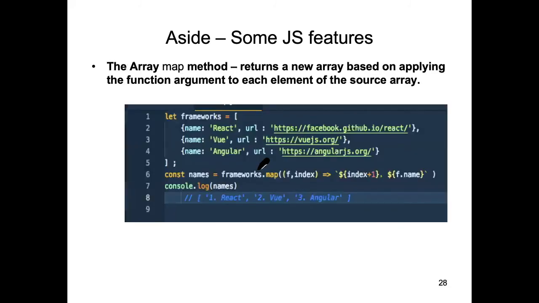The other thing that I'm just reminding you about is the JavaScript array map method. I appreciate now I'm over time. I'm just going to finish on this one and I'll let you go then. I'm pretty sure you've used the array map function in the enterprise web. Just a quick reminder. Here I've got an array of objects.